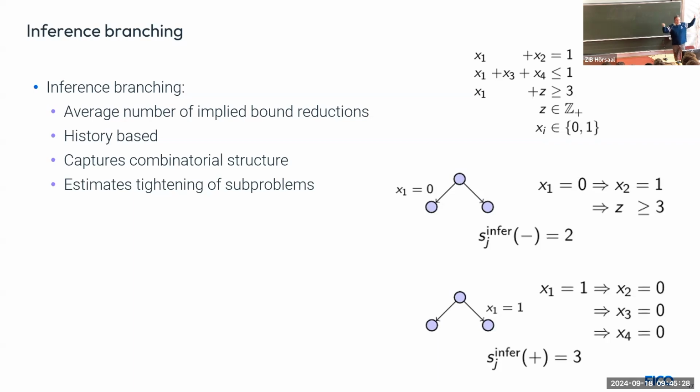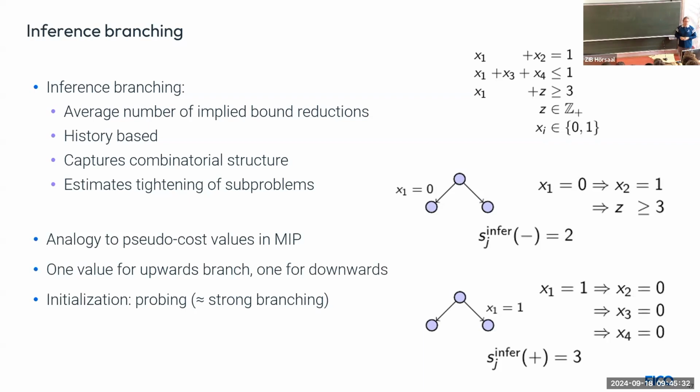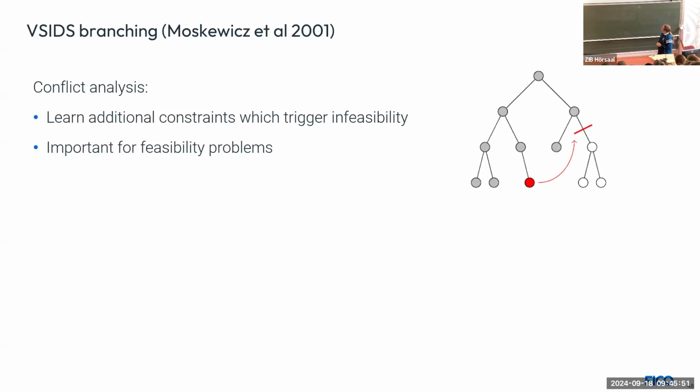Again, we can collect those statistics and merge them together to take a branching decision. This is an idea inspired by the constraint programming community, where they don't work with relaxations. They only work with branch and propagate algorithms. And again, you can initialize these values via probing if you don't have statistics in the beginning.